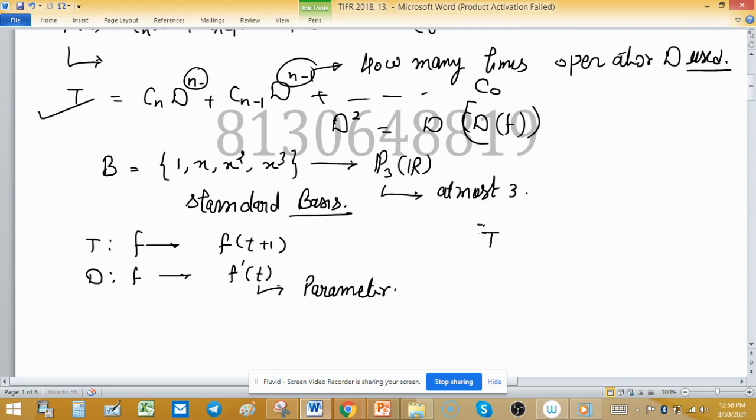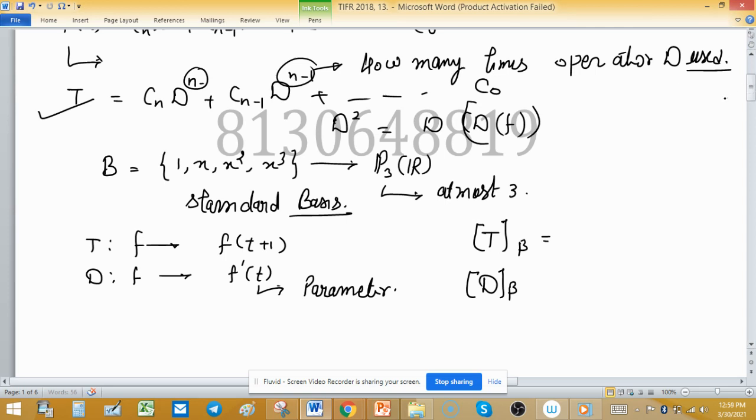So represent T with the standard basis beta, and represent D in matrix notation with respect to the same basis, because T and D are both defined over the same vector space, meaning domain and codomain.